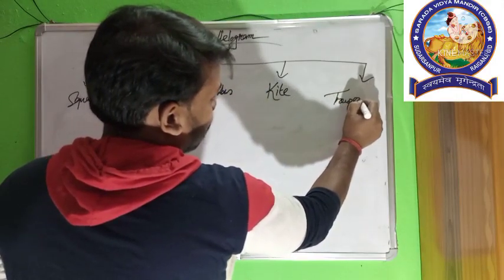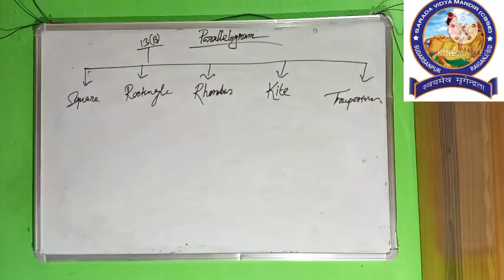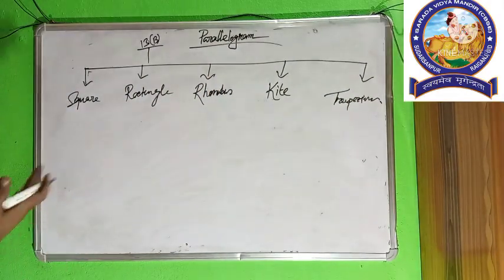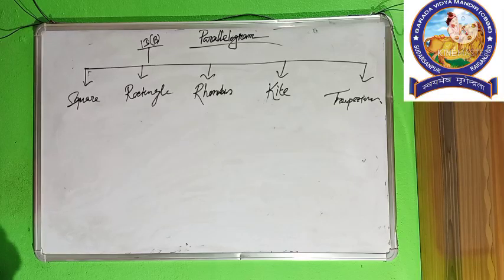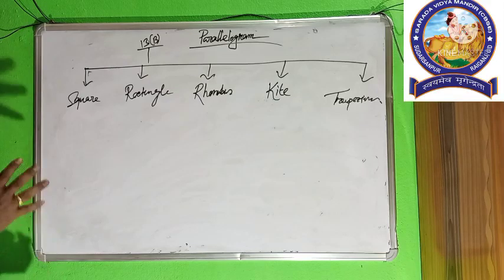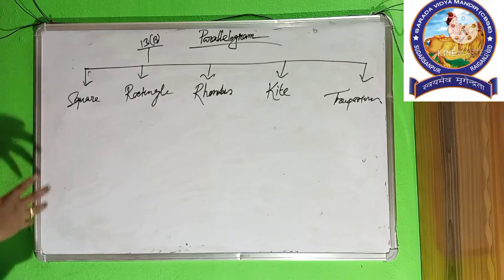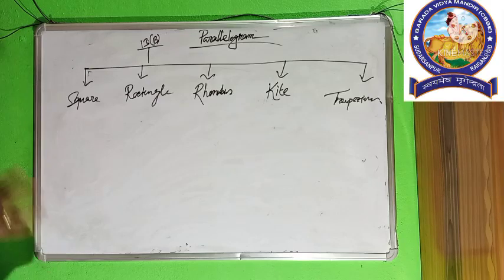We know the definitions of rhombus, square, rectangle, kite and trapezium, and I covered everything in one video, which was given before the annual exam, in the half yearly syllabus. I gave one video based on the definitions of all quadrilaterals and how the concept goes from quadrilateral to parallelogram, parallelogram to rectangle, and all these things.